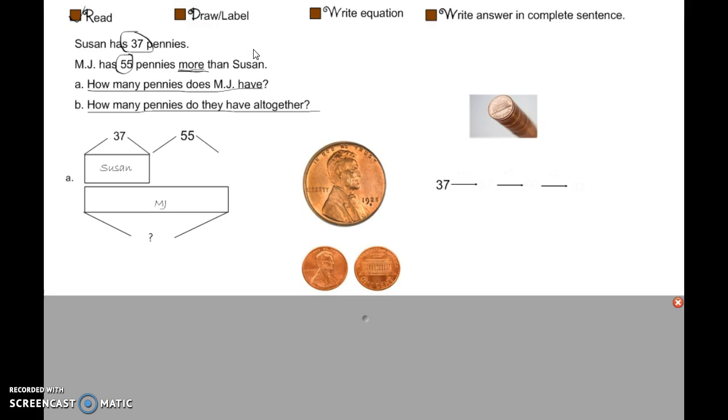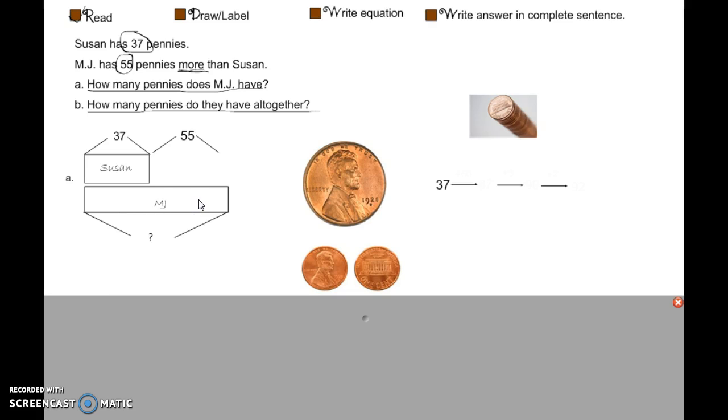On my tape diagram, I know that Susan has 37 pennies. And then I know that MJ has 55 more pennies. But what I don't know is how many pennies MJ has all together.